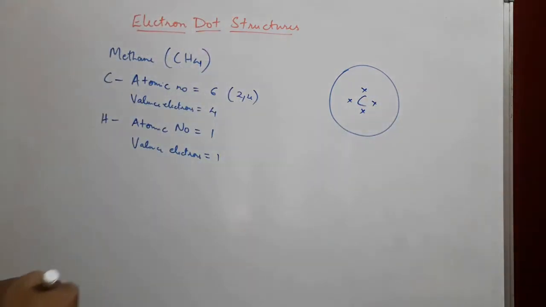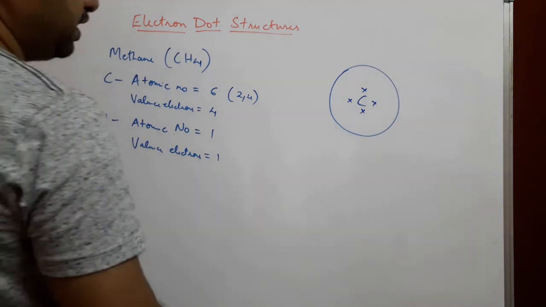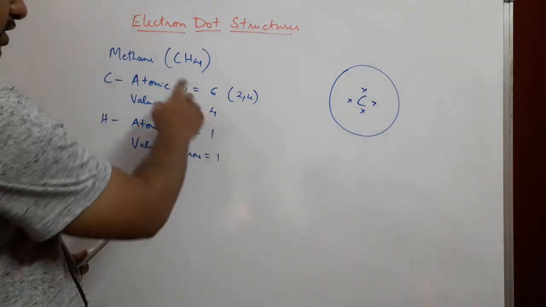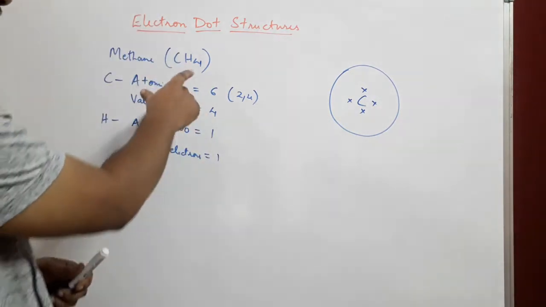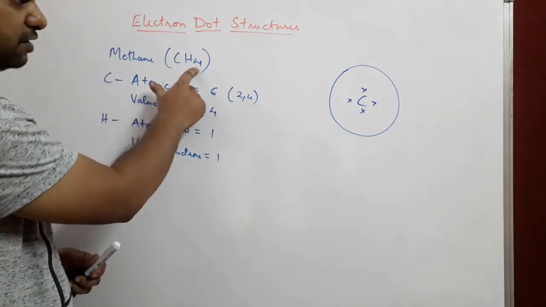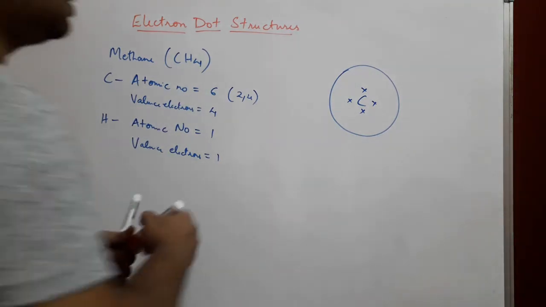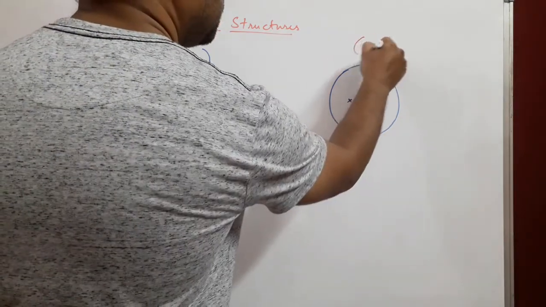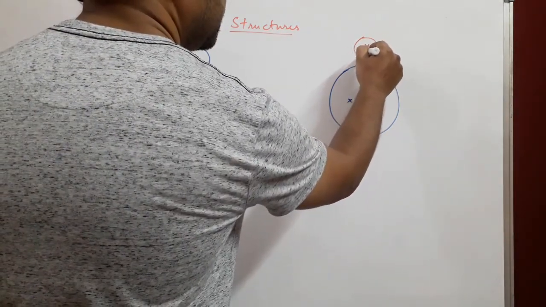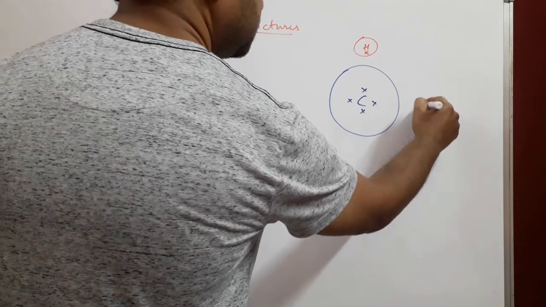This is the distribution of electrons in the outermost shell. Next we have hydrogen atoms, and how many hydrogen atoms do we have? We have 4. It's CH4, that means there are 4 atoms of hydrogen, and we'll mark them separately.